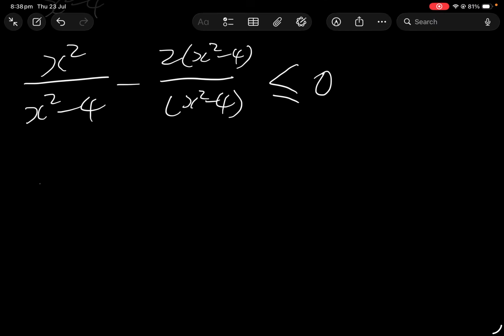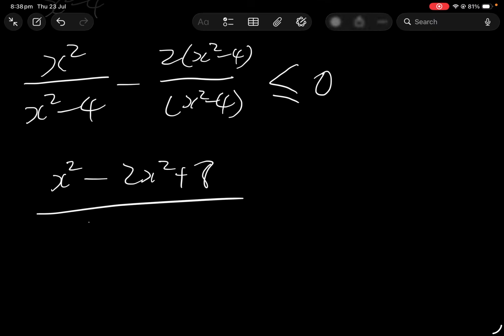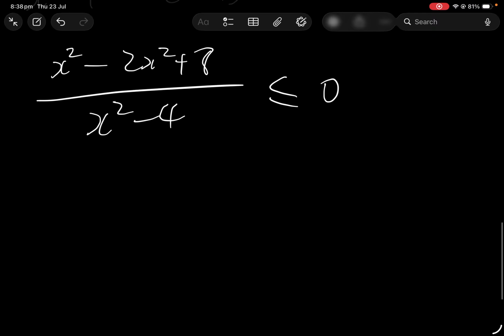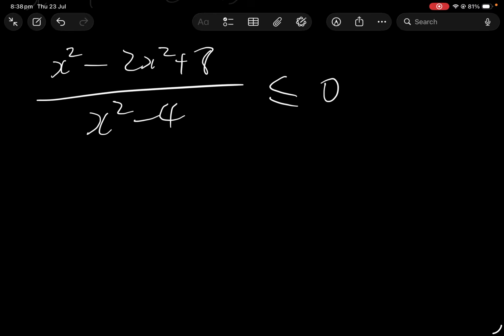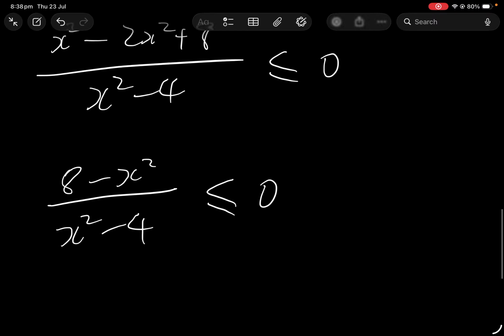Basically I can combine them together, so that's 2 minus 2x squared plus 8 over x squared take 4 smaller or equal to 0. And now what I can do is simplify the top. So that's 8 minus x squared over x squared take 4 smaller or equal to 0.